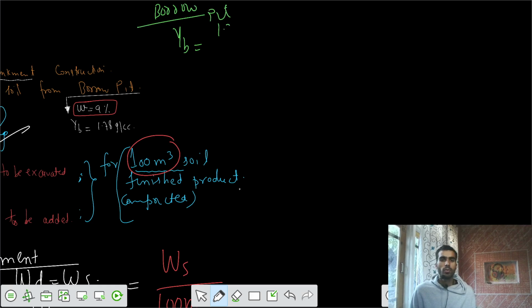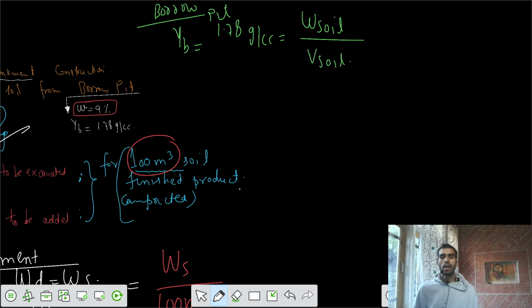Your bulk density is 1.78 grams per cc, which equals the weight of the soil divided by the volume of the soil. I have to solve for the volume of soil required. That is the problem we have to solve.